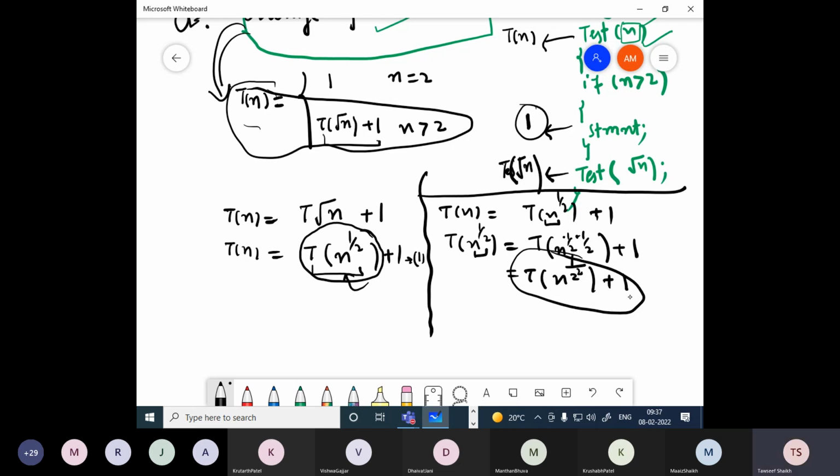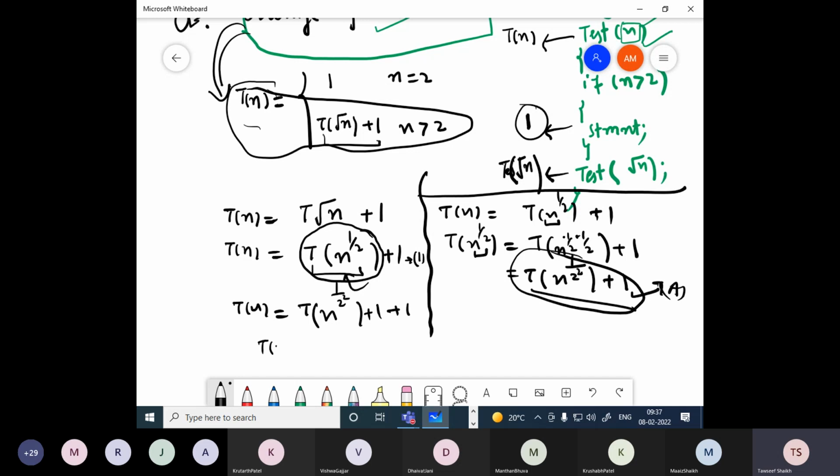So once I substitute, take this value from this equation and put it back in equation number 1, I will get T of n equal to, in place of this T of n power 1 by 2, I have to write this whole. So this will become T of n power 1 by 2 whole square, plus 1, then plus 1 is from here.